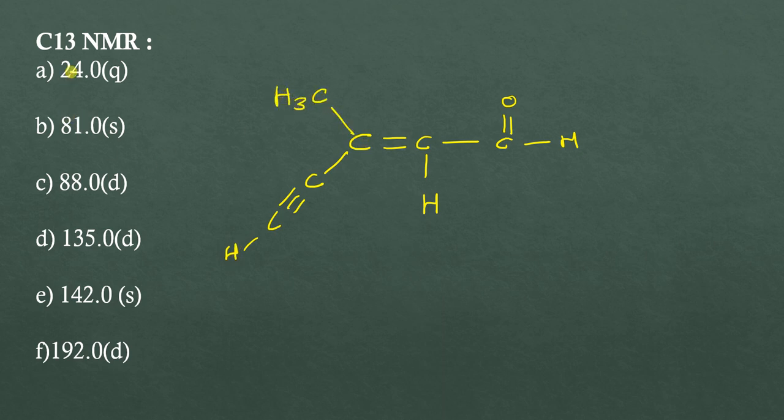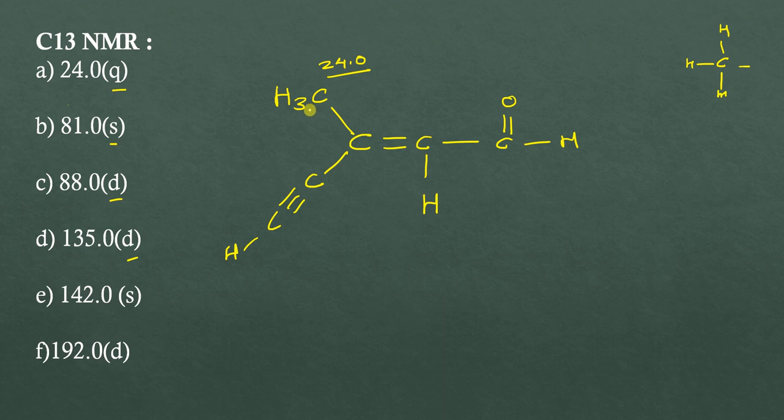So in case of C13, if you observe, they have mentioned this quartet, singlet, doublet, doublet splitting. In C13, this multiplicity gives an idea about how many protons are attached to that same carbon. So this has appeared as a quartet, then this must contain 3 hydrogens. So this is the peak for the methyl group, which has appeared around 24.0.